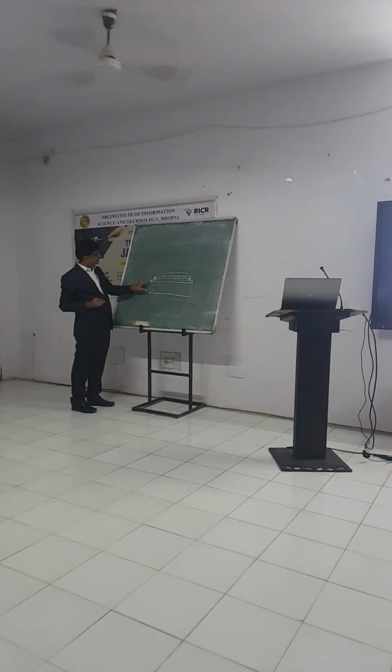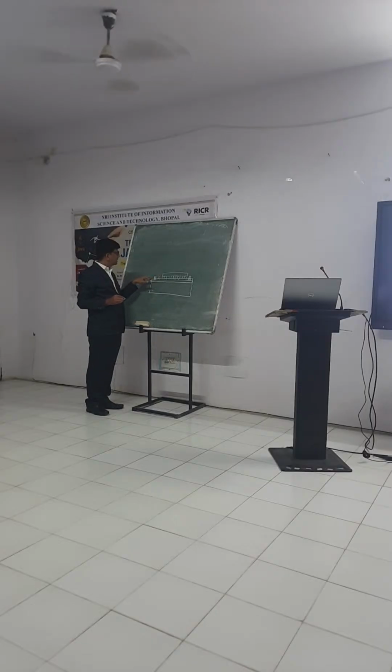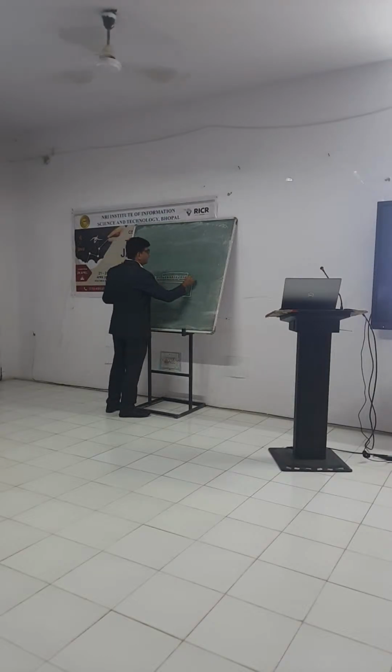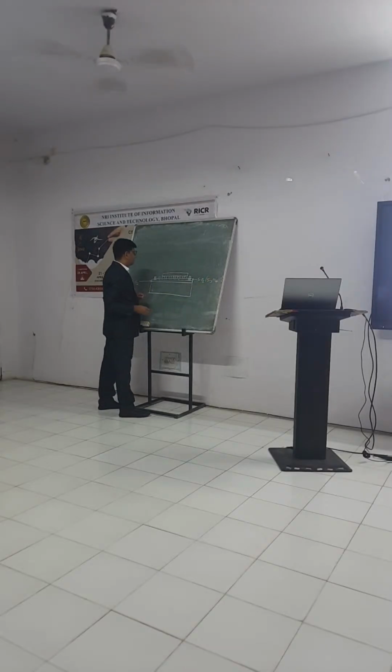This is my silicon substrate. Over this, I deposit my SiO2 layer. Then I have to deposit and pattern my heater. And then I have the insulation layer. That again may be your SiO2 or silicon nitride, Si3N4, and depending on you, whatever you can choose.